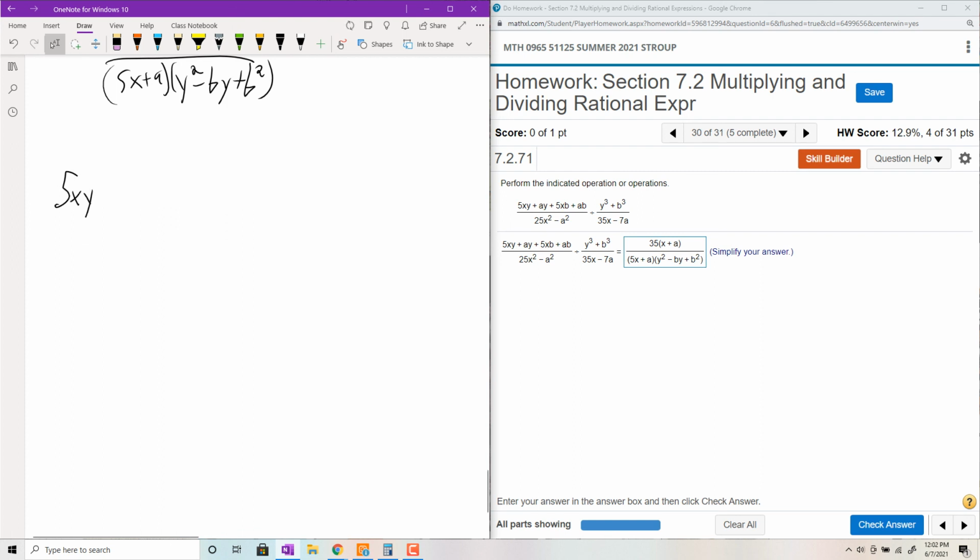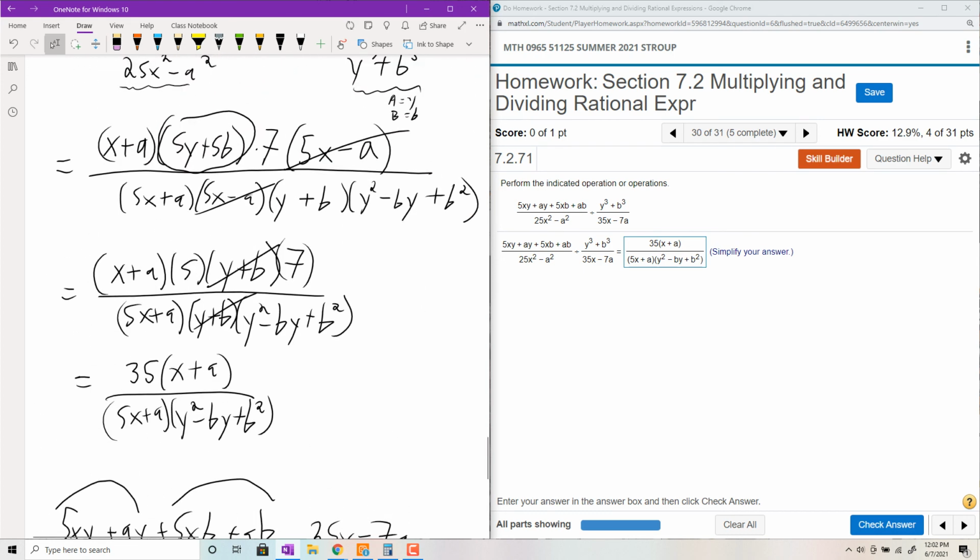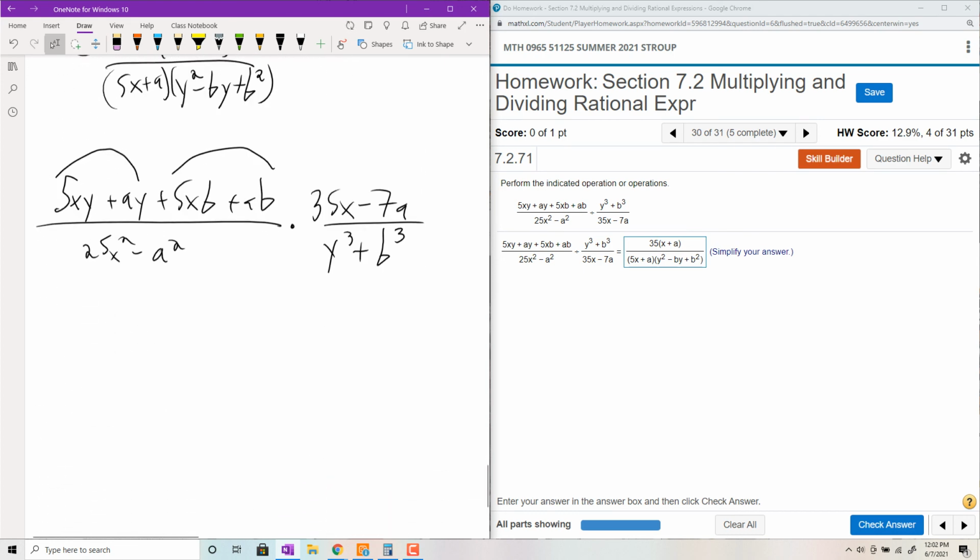Let me try again. 5xy plus ay plus 5xb plus ab all over 25x squared minus a squared, divided by, in other words, multiplied by 35x minus 7a all over y cubed plus b cubed. Okay, so my mistake, I accidentally factored out 5y from the first two.